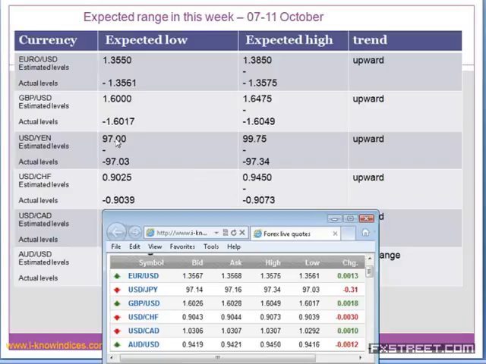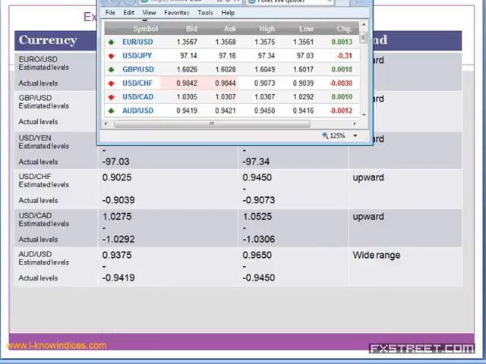Now in the case of USDJPY, 97 could be the low, and they may breach it briefly if they need, and 99 they could be able to reach. A consolidation for a prolonged period, and they are expected to make a quick upward move. 0.9025 could be the expected low, and they have shown 0.9039 so far.